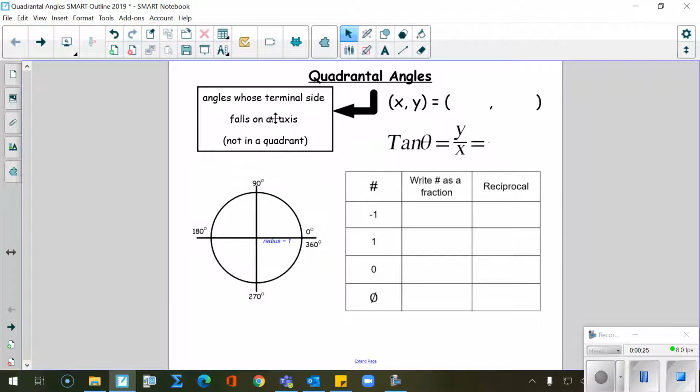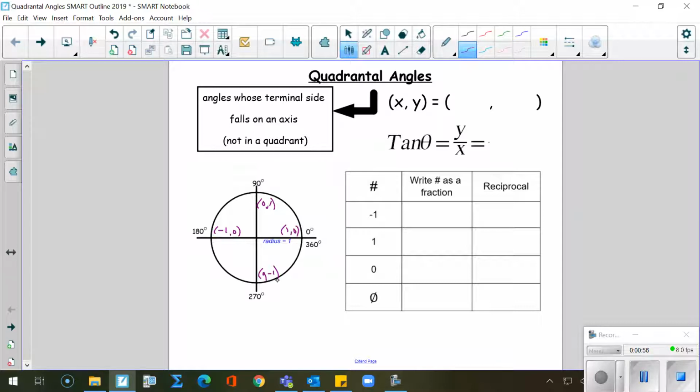We could also put the ordered pairs that are associated. So you see we have lots of zeros, ones, and negative ones as coordinates on those axes.